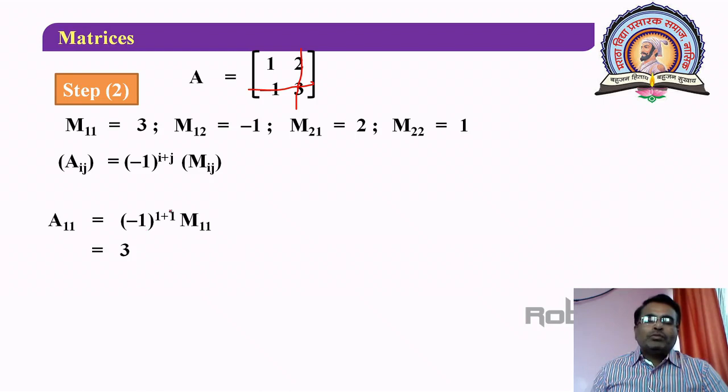We know that minus 1 raised to 1 plus 1, that is minus 1 raised to 2, is a positive value, and therefore 3 comes as it is, M11. Then M12. So M12 is minus 1.